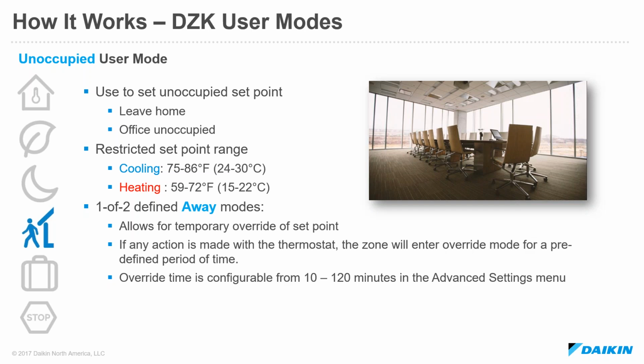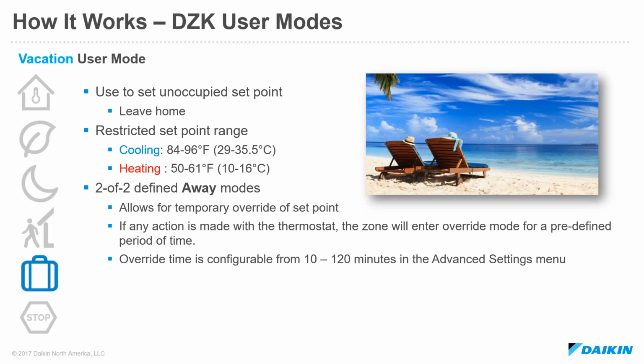You'll have this temporary override that allows the set point to change for anywhere from 10 to 120 minutes, and then you'll revert back to that default configured unoccupied set point. Just be aware you have that capability, and we can adjust the amount of time that set point is overridden in the advanced settings menu of the DZK.